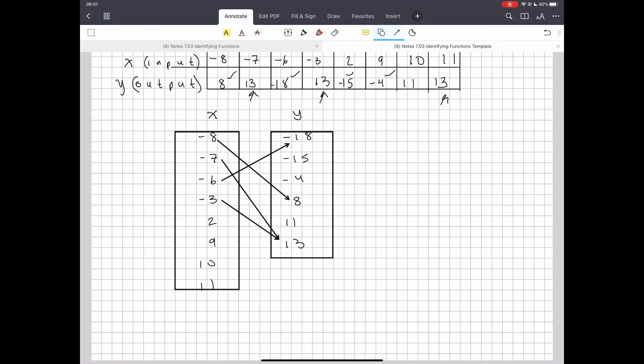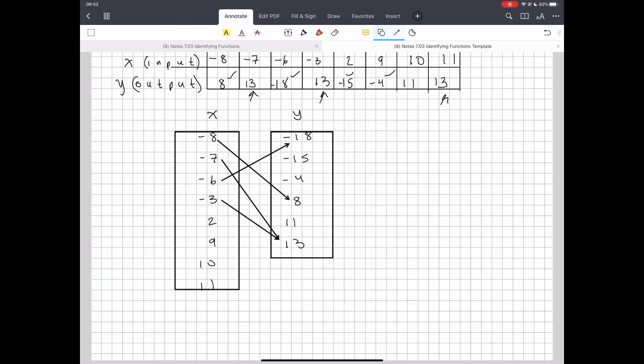So if you're thinking this is not a function, it is a function. It's okay that we have two inputs going to one output. This is okay. The -7 only has a 13 as an output. That's the one unique output. The -3 only has one unique output.